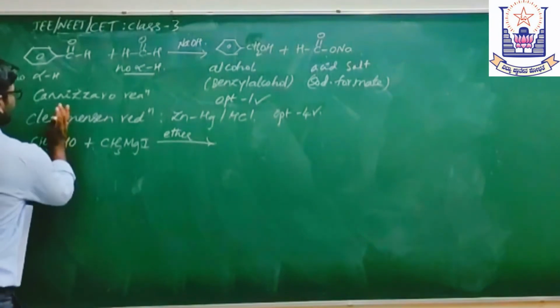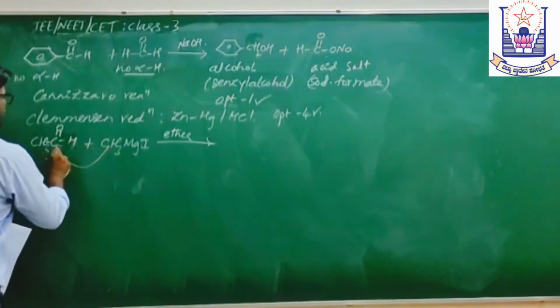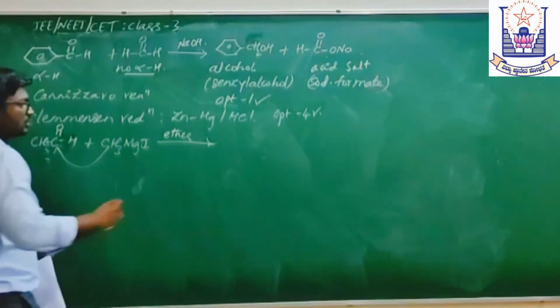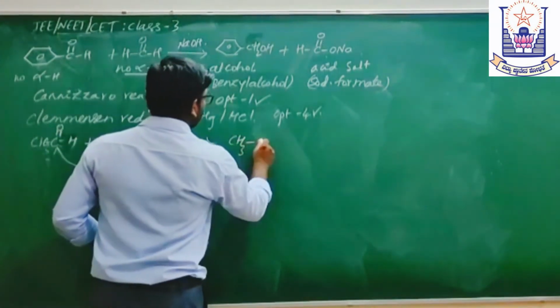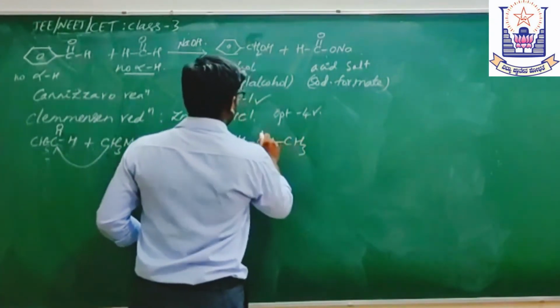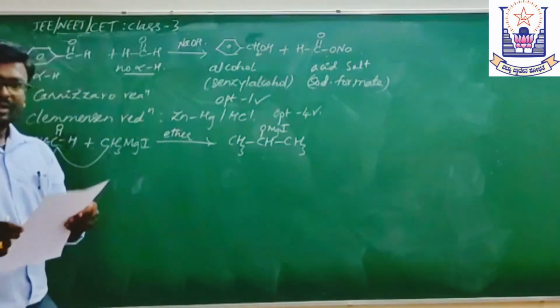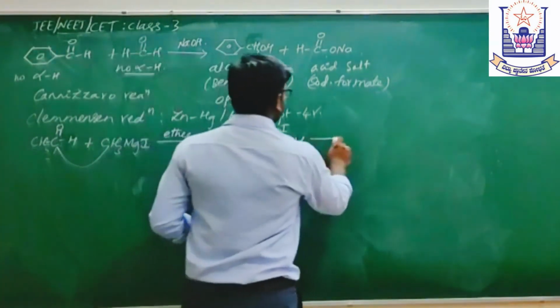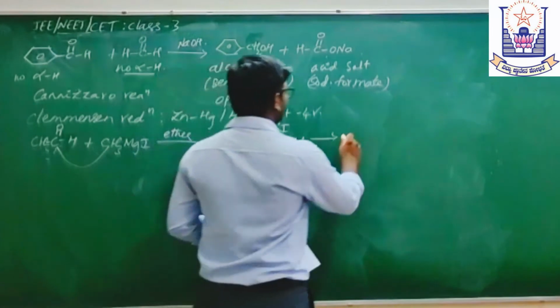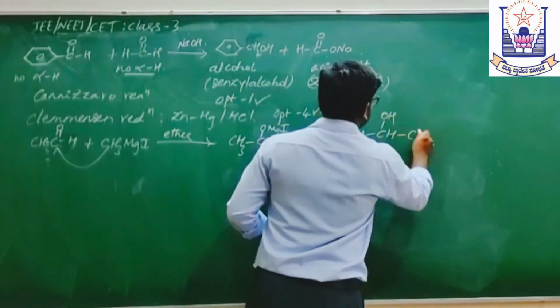So nucleophilic addition reaction will take place like this. CH3 will join this. So you get CH3CH(CH3)OMgI. When it is hydrolyzed, we will get propan-2-ol as the product.